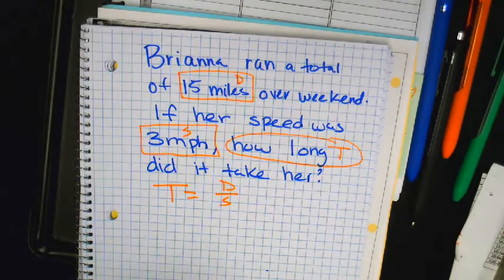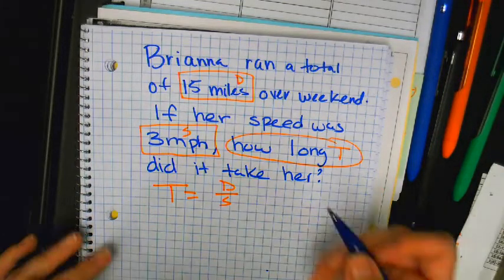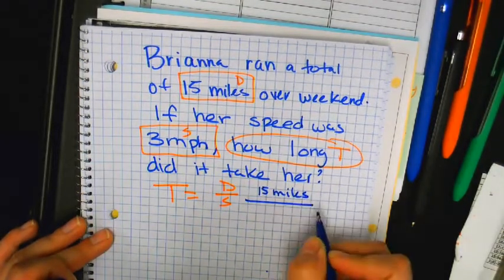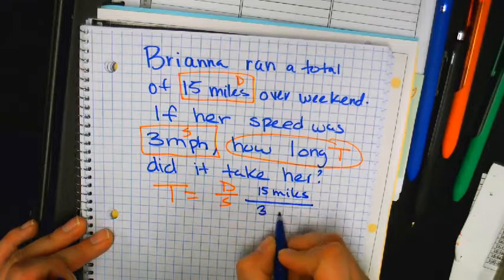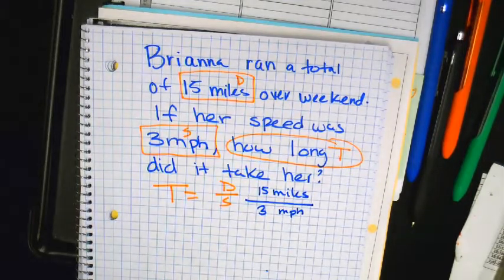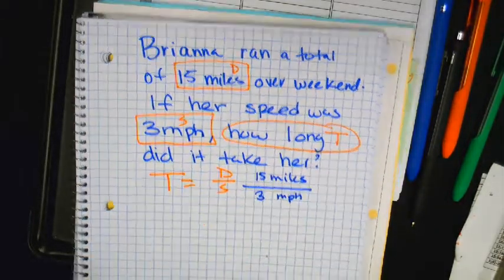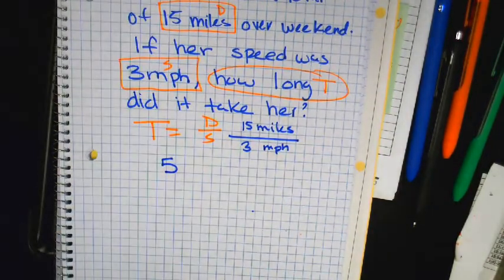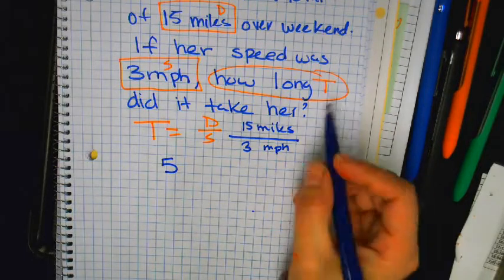All right. So what's my distance? 15 miles. What's my speed? 3 miles per hour. What's 15 divided by 3? 5. 5 what? Hours. Why? Because it's right here.